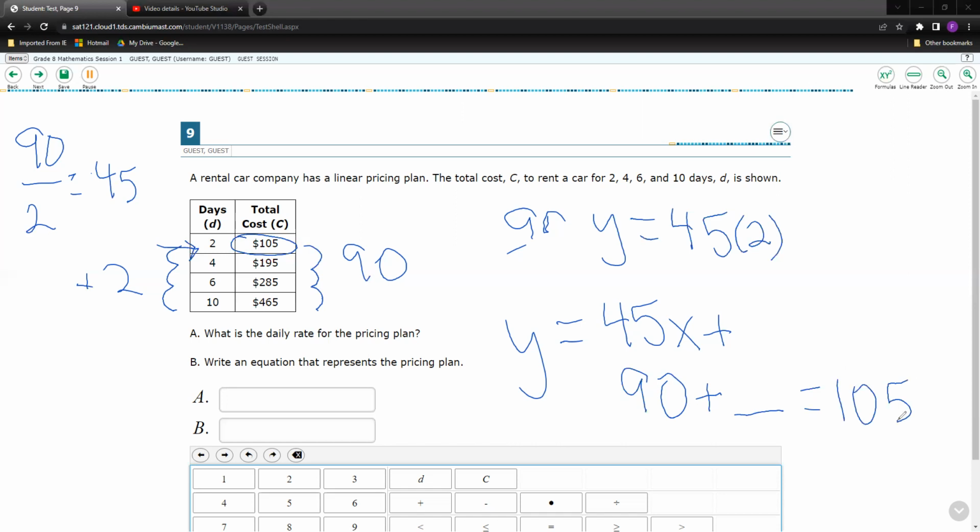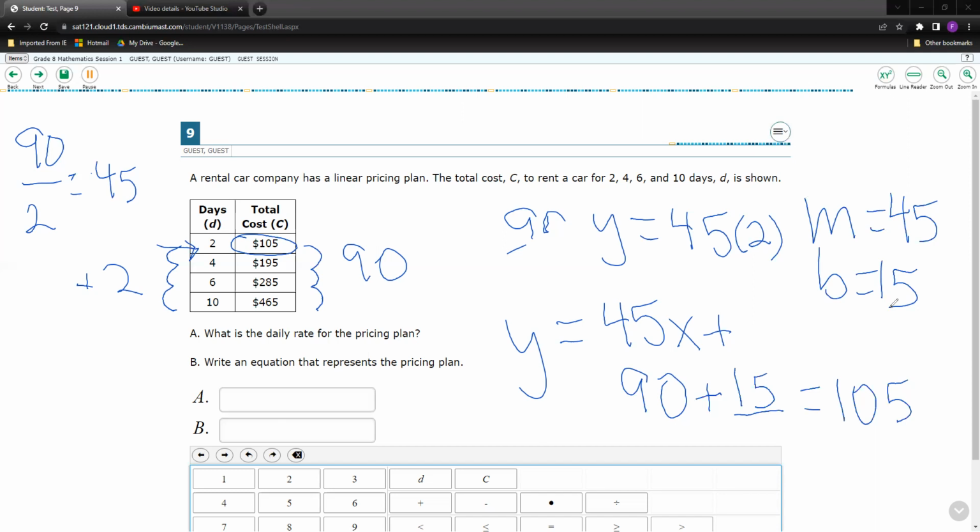The slope itself gets me to 90. All I need is 15 more, which is probably a one-time fee. So 15 is my y-intercept. My slope is 45 and my y-intercept is 15.